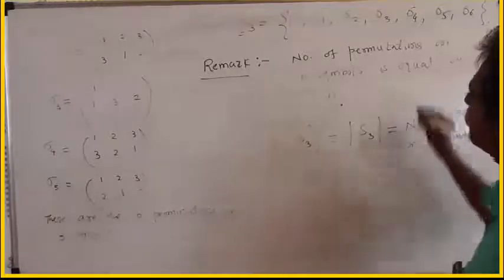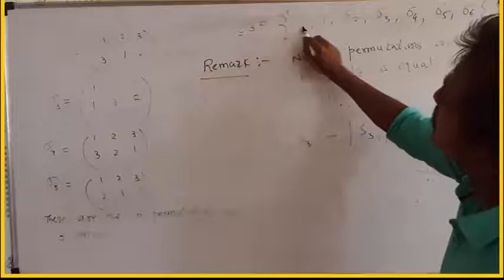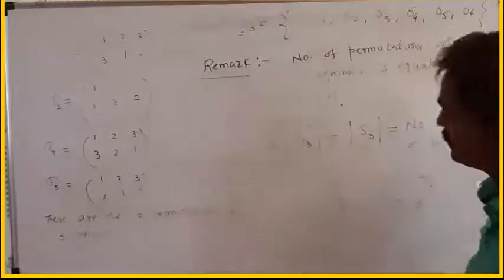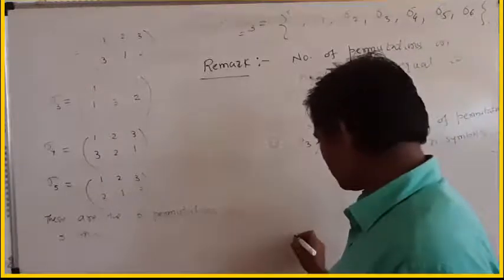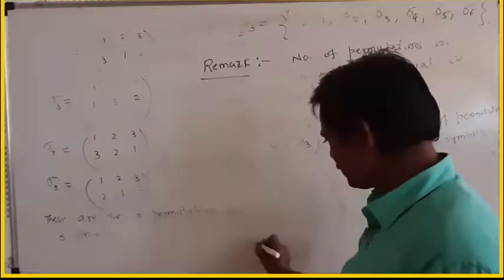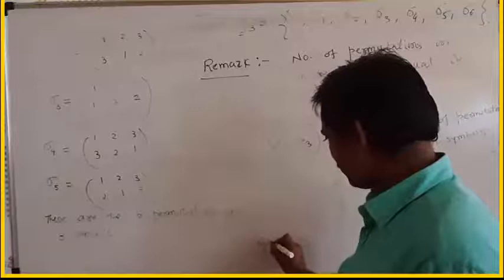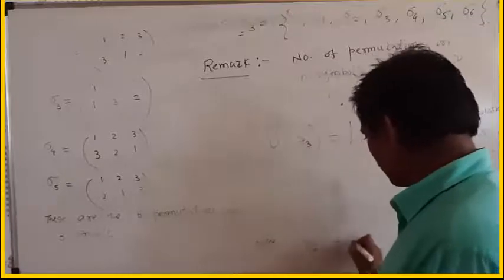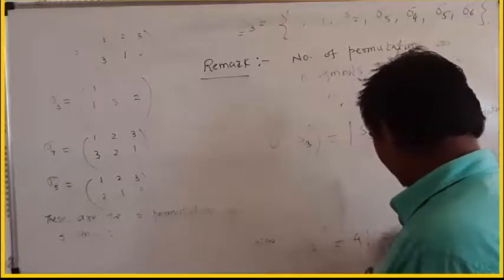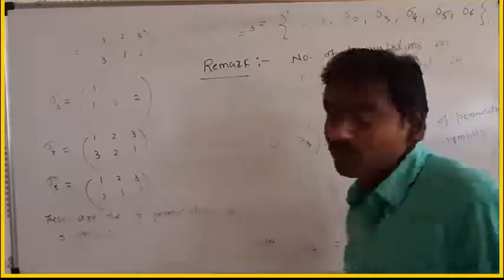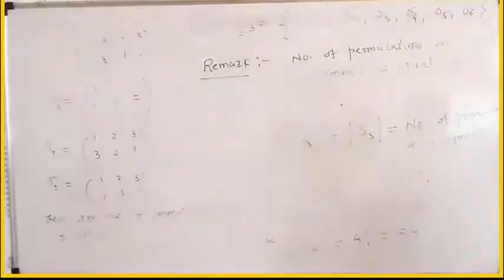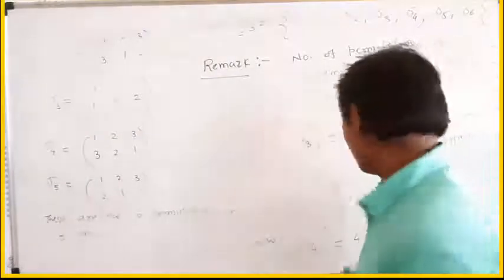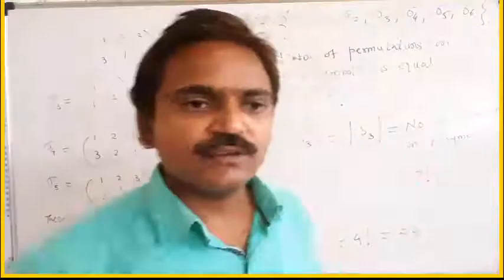We have already found the 6 permutations on 3 symbols. What is the order of S4 then? The order of S4 is 4 factorial, that is 24. So S4 contains 24 permutations, and you can list all permutations on 4 symbols. Okay, thank you.